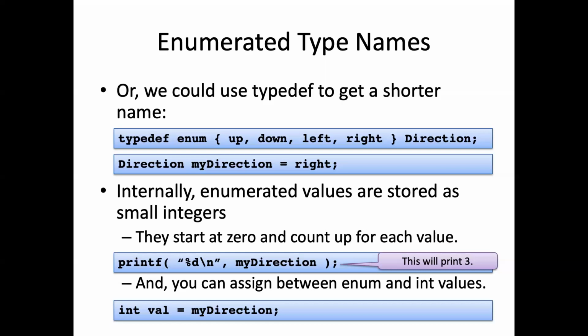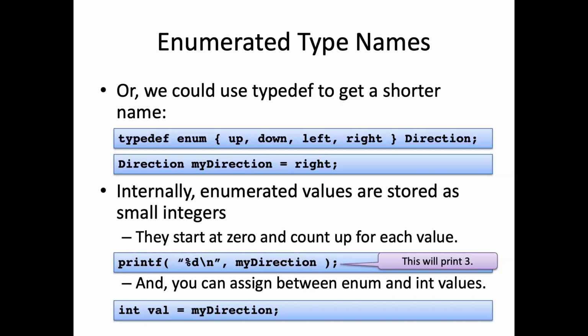If you take even this variable myDirection that I made up at the top, and you print it out as an integer, that'll compile just fine. And the value you get corresponds to which of these names you use. Let me try to say an example, and that may be easier to understand than what I just said.